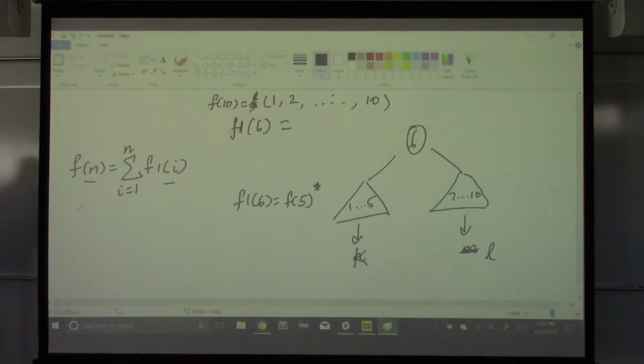So this is your recursion, and f1 of I. What is f1 of I? It's not sigma. Sorry, it's not even sigma. F of I minus 1, because all of my left subtrees will be all the trees that I can make from 1 to I minus 1, right?